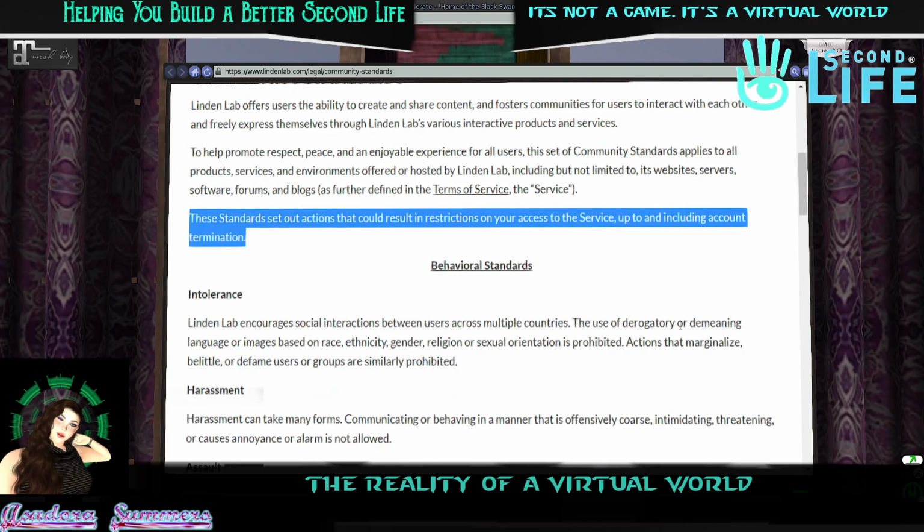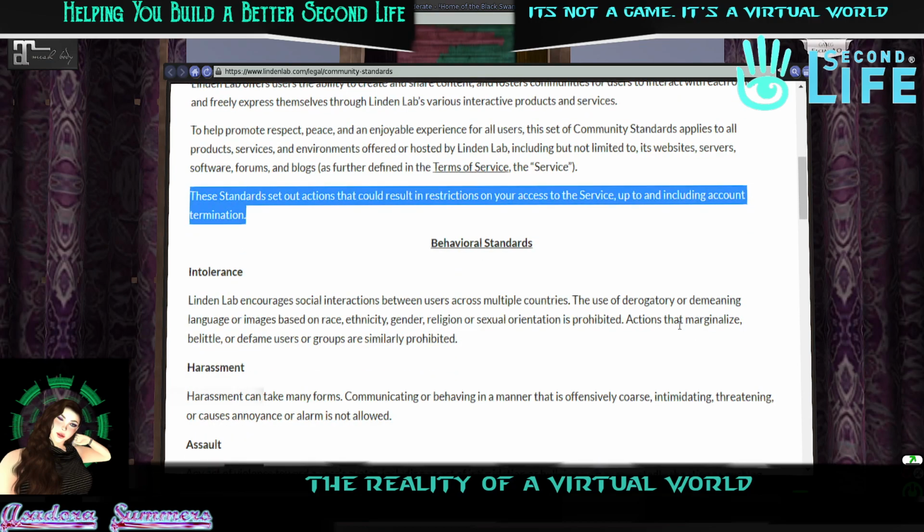So, when you get the people who use the terms of service itself as a bullying tactic to say, oh, that's against the TOS, which we went over in the previous video, part 6, they don't realize that what they're doing is against the community standards.